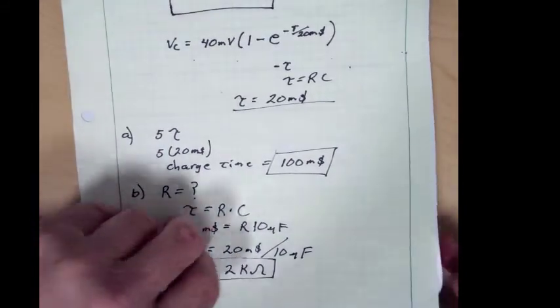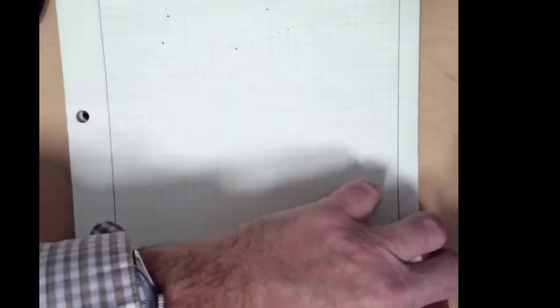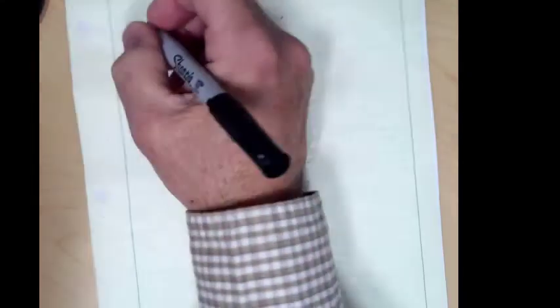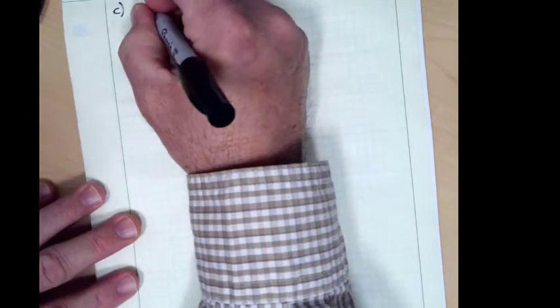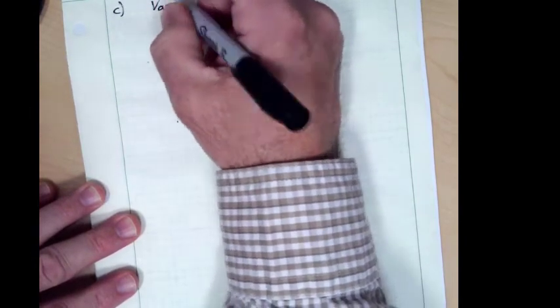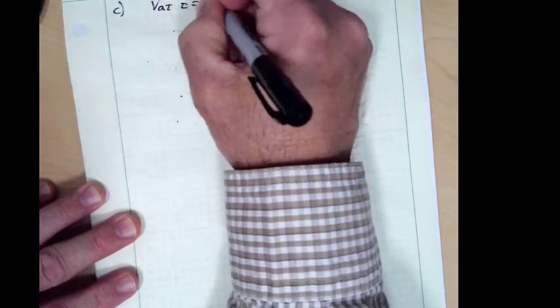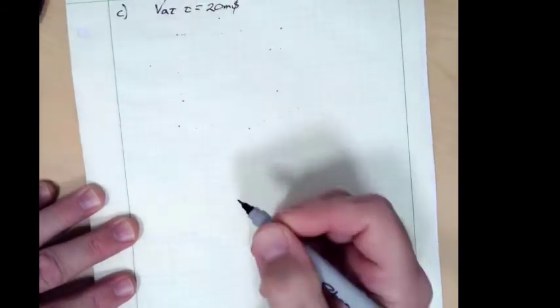So let's look on to part C for question 24. In part C, he asks, what is the voltage at time equals 20 milliseconds?